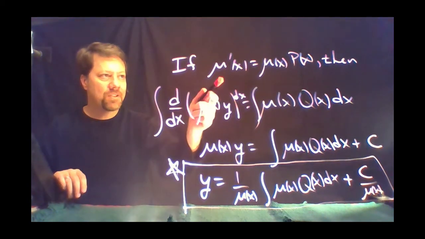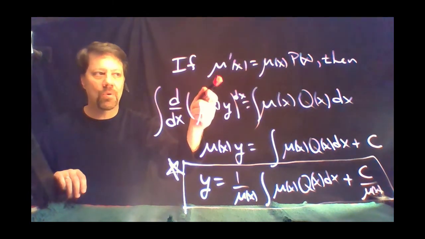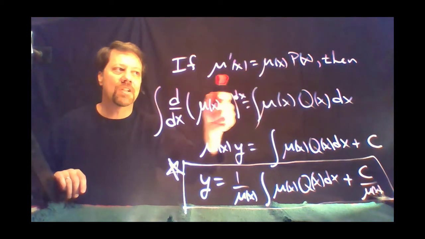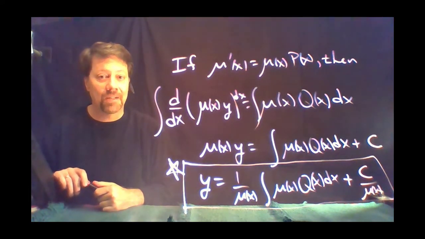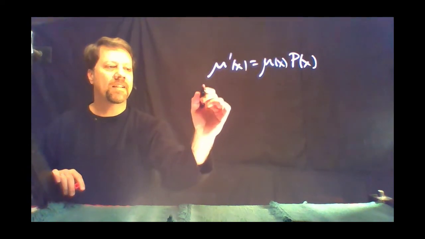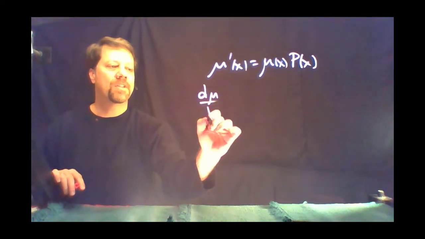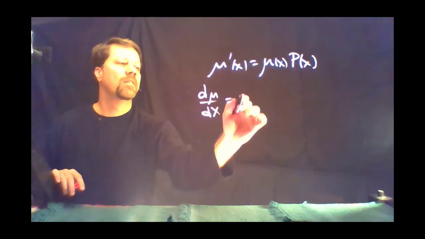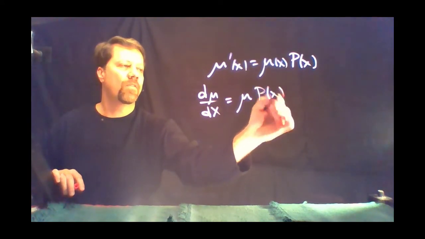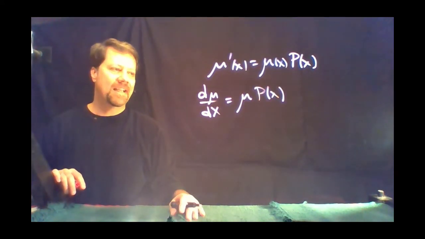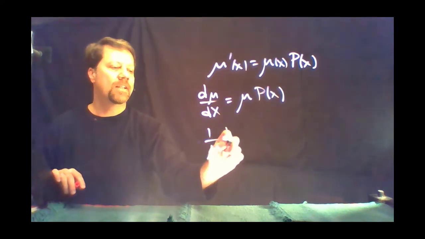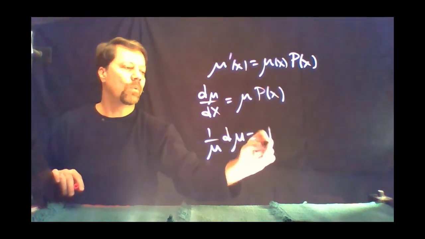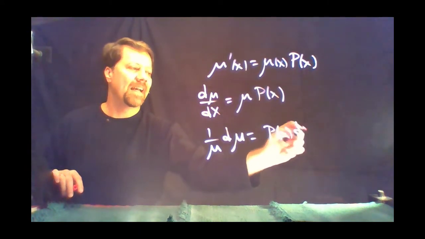To determine this function mu, we have to solve this differential equation, and fortunately, that differential equation is separable. We're going to rewrite this differential equation in this form, d mu dx equals mu p of x, and separate the variables as 1 over mu d mu equals p of x dx.